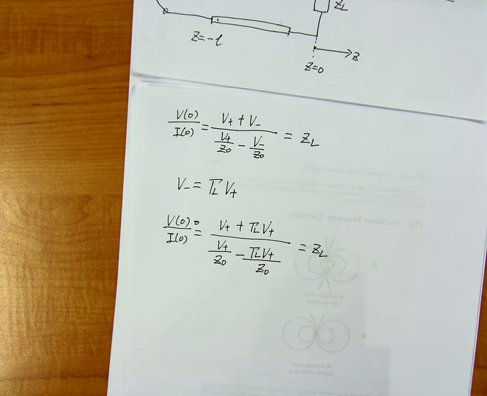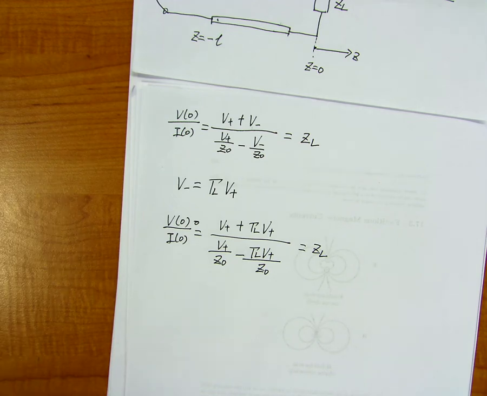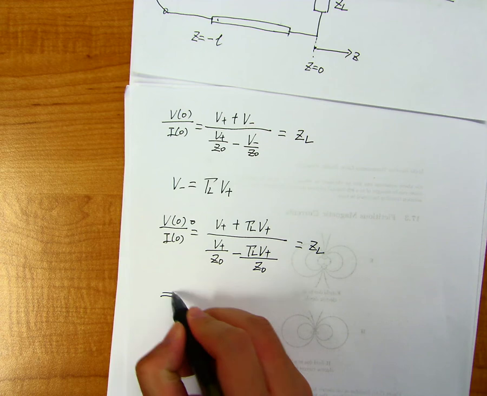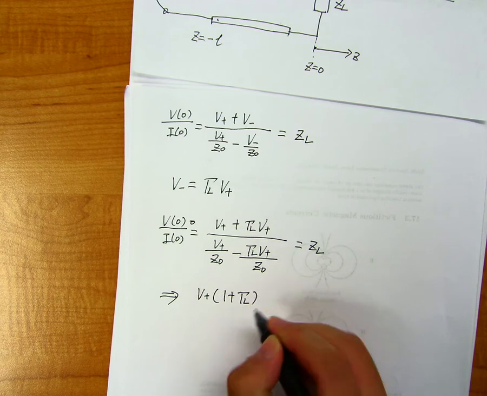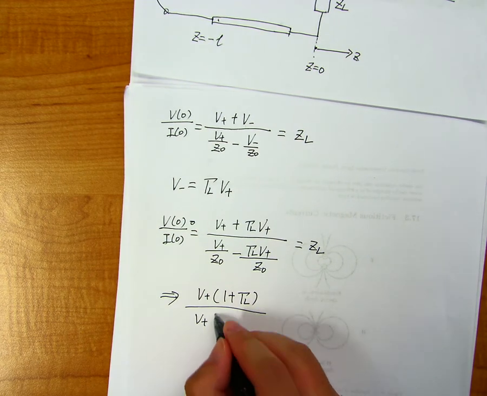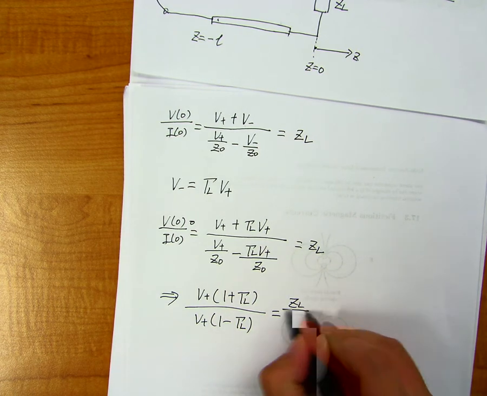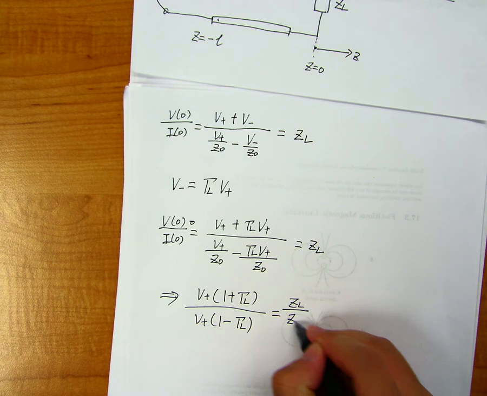Okay, so now we can solve for the reflection coefficient because we know this equation, and so this is essentially V plus times 1 plus gamma L divided by V plus times 1 minus gamma L is equal to ZL over Z naught.